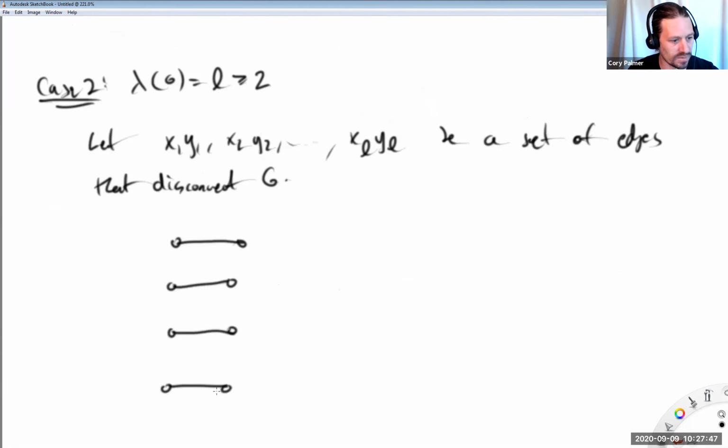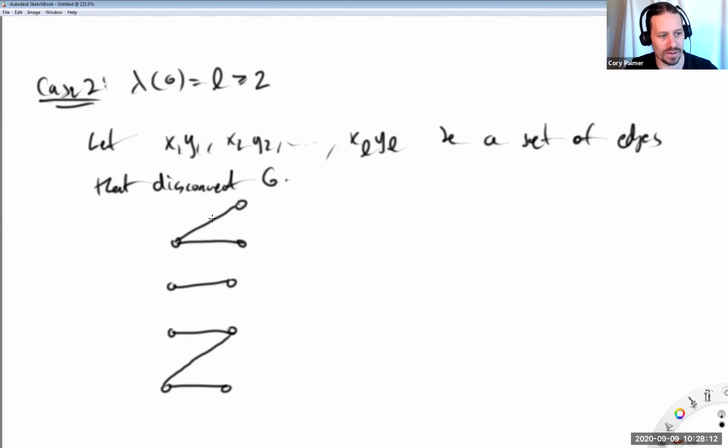Let's make an observation or two about them. Let's see here. So some of the edges could look as follows, right? I'm not saying that these x1 up to xL are distinct vertices. The set of edges that I need to remove to disconnect the graph, they might have vertices in common. For instance, when you remove all the edges incident to a single vertex, they were all incident to each other on one side.